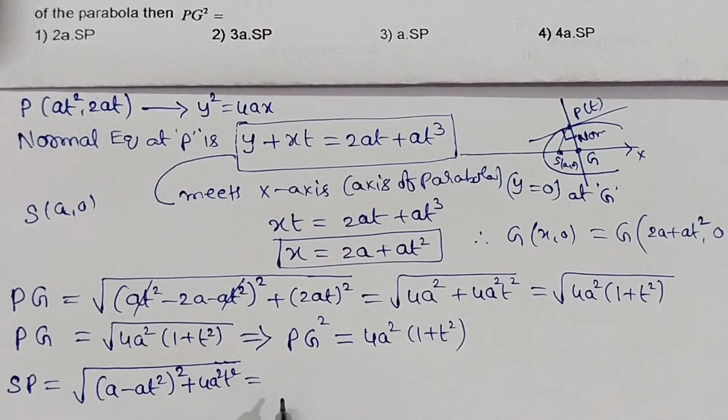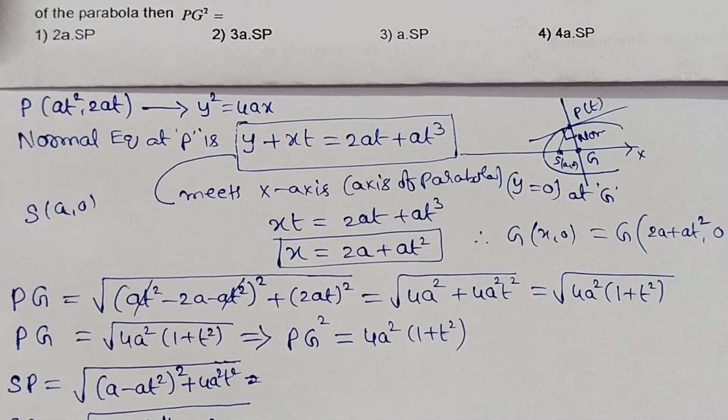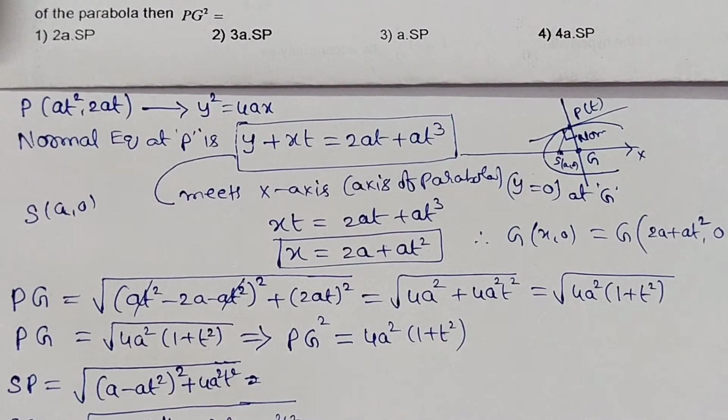So SP is equal to square root of a² plus a²t⁴ minus 2a²t² plus 4a²t², that is equal to square root of a² plus a²t⁴ plus 2a²t².